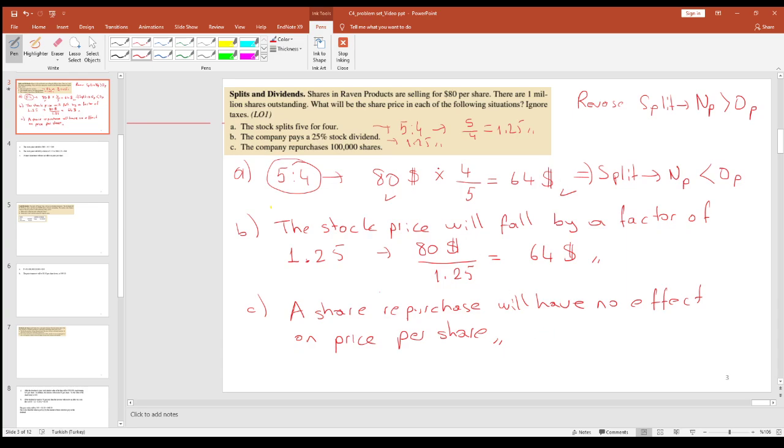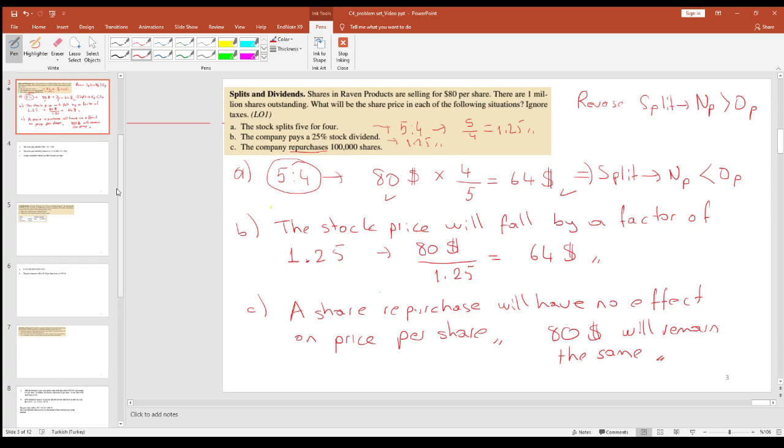That's why $80 per share will remain the same. Okay? So stock repurchases do not affect the price of a share.